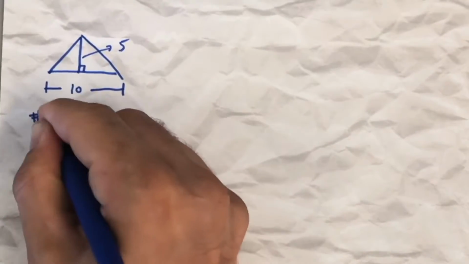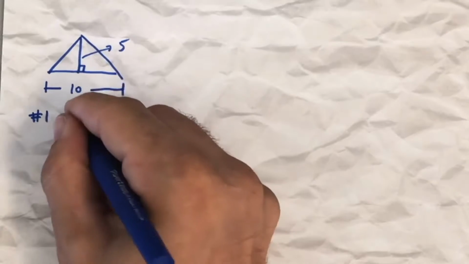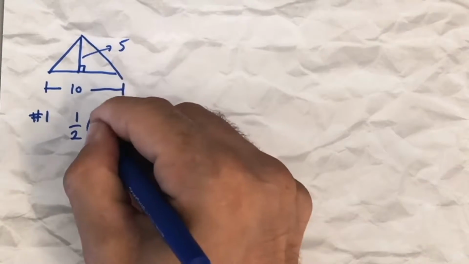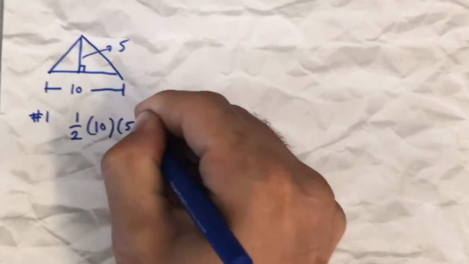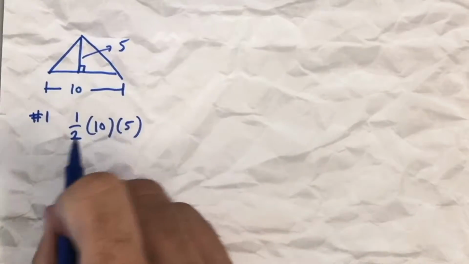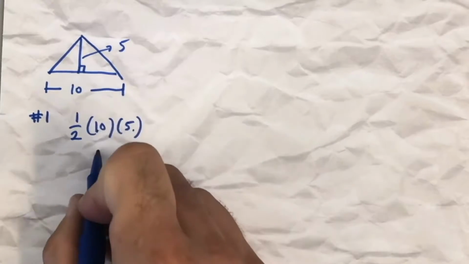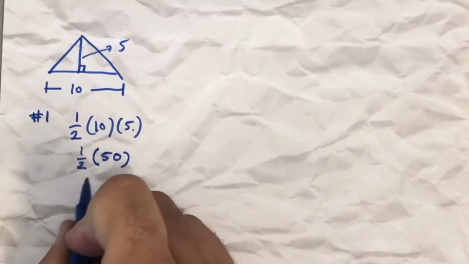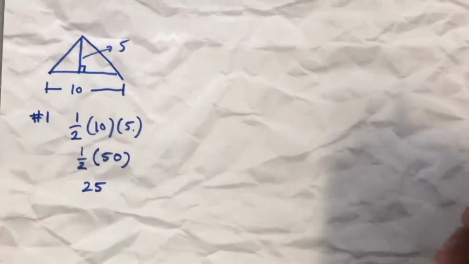I would use one of my 2 formulas. I could do 1/2 base times height, which is 10 times 5. A lot of times, since multiplication is commutative, I like to do the base times the height first and then take half. Half of 50 would be 25.